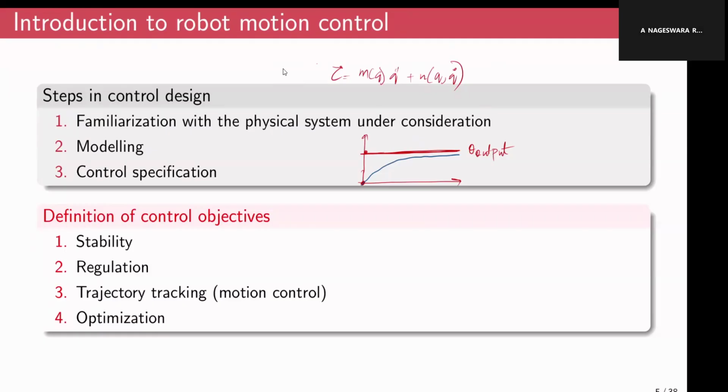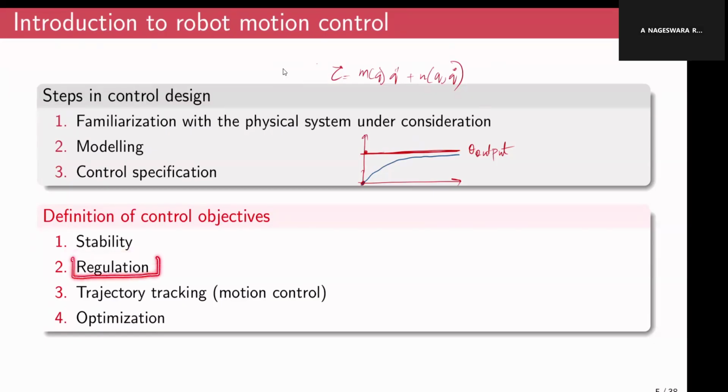As the control output grows, the system will start making very large motions, and after a while, we won't be able to stabilize it. So the first and foremost objective is to ensure that the controller is stable.